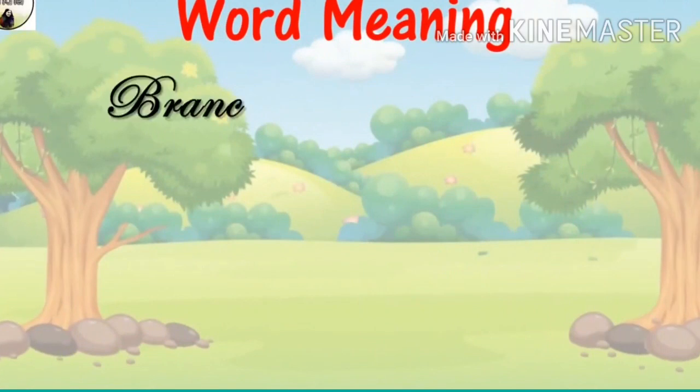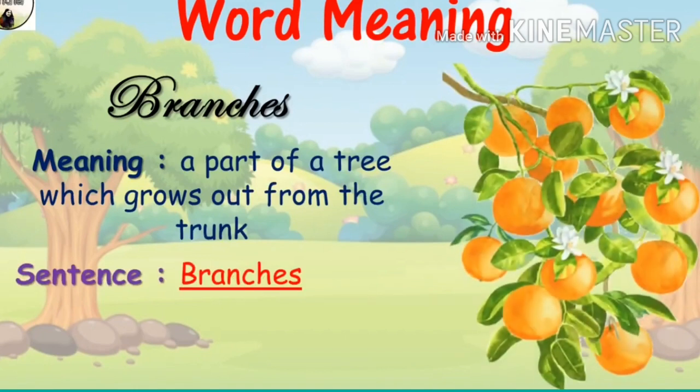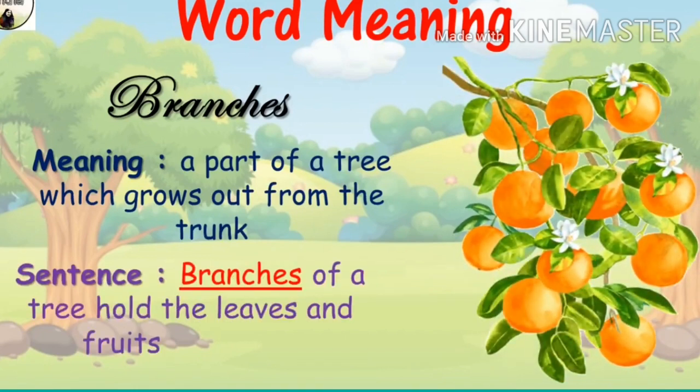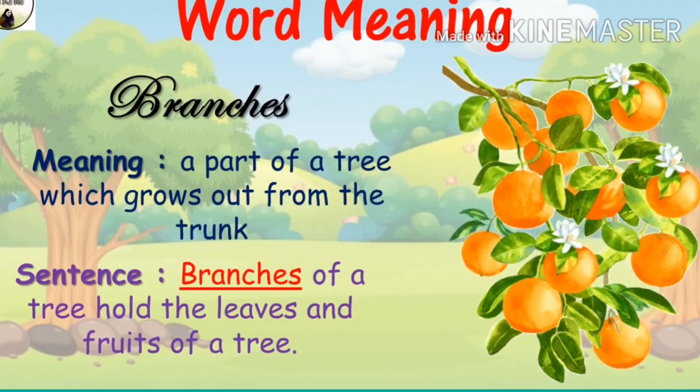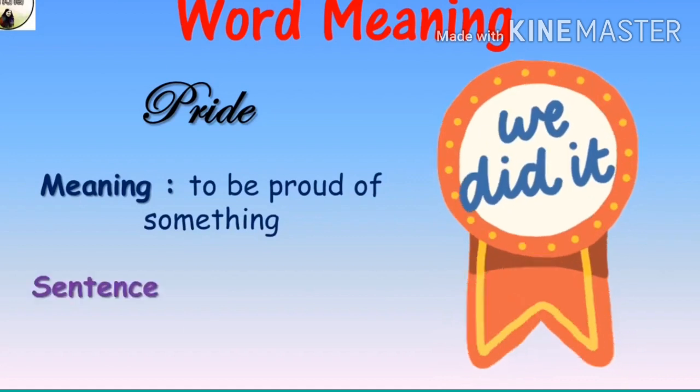Next word is branches, meaning a part of a tree which grows out from the trunk. Sentence: branches of a tree hold the leaves and fruits of a tree. Next word is pride, meaning to be proud of something.